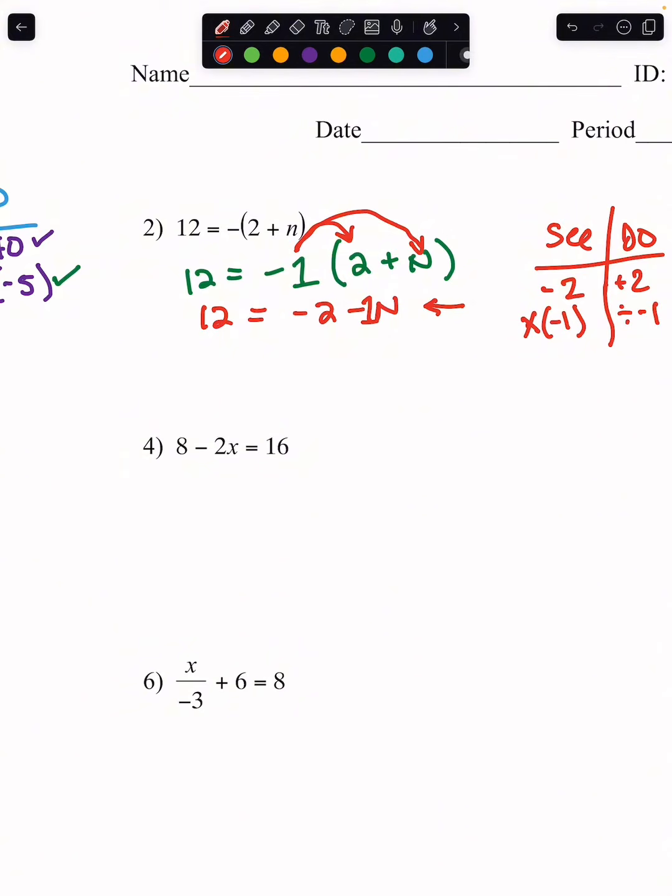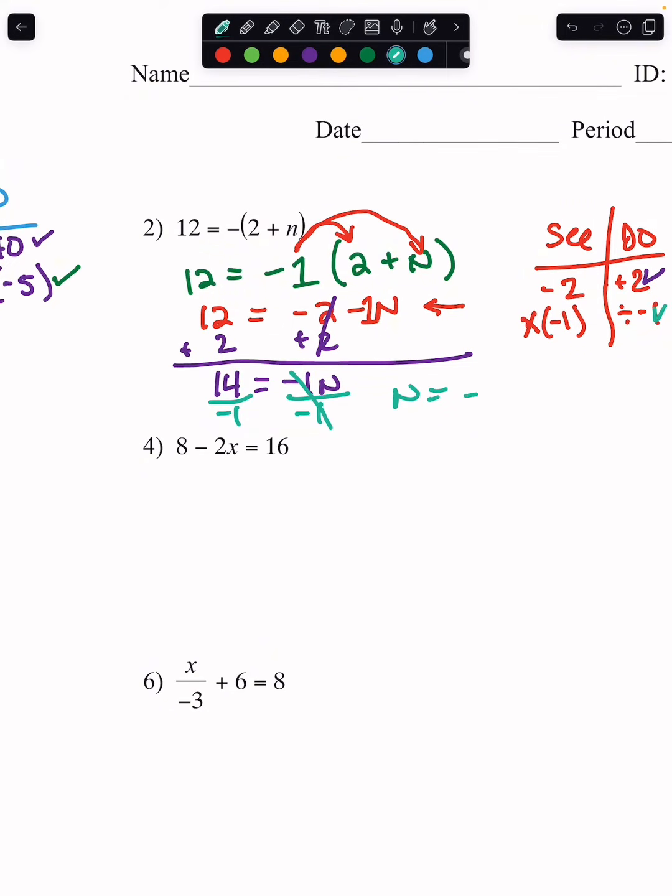That sounds a bit strange, right? Let's see what happens. If I add 2, that takes care of that. 12 plus 2 is 14, equal to negative 1n. Now I need to divide by negative 1. n is equal to, what is 14 divided by negative 1? Negative 14. That's the answer to that one.